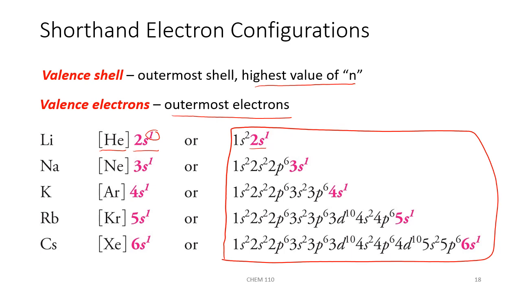For sodium, we would have neon being the preceding noble gas, so neon in brackets, and then after neon to get to sodium, it would just be 3s1. So this 1s2, 2s2, 2p6, that's the configuration for neon that we're not writing. In this example, sodium, the highest value of n, the valence shell, is 3, and there's one electron in that highest value of n, so it has one valence electron.